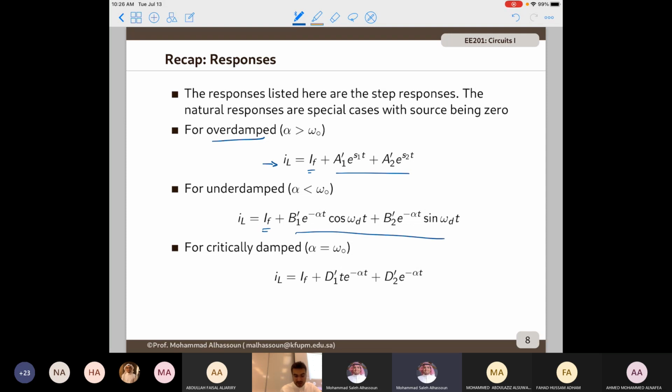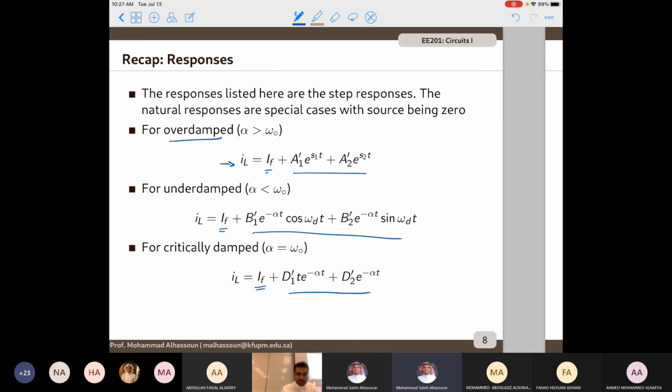If we have critically damped, we also have to know the final value plus the quantities that have been added to it. So that's basically what we did. We have some sort of systematic way of solving problems.